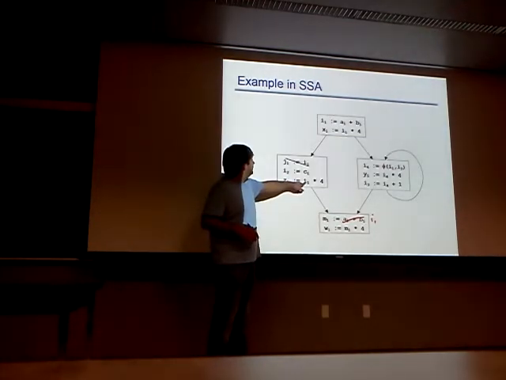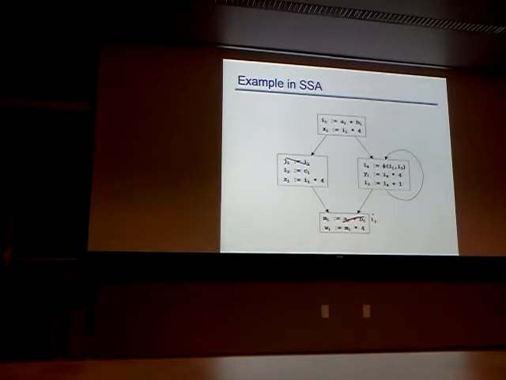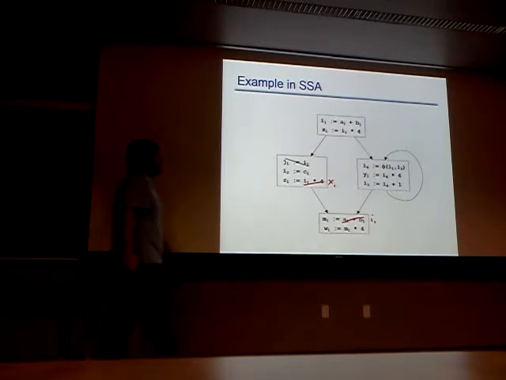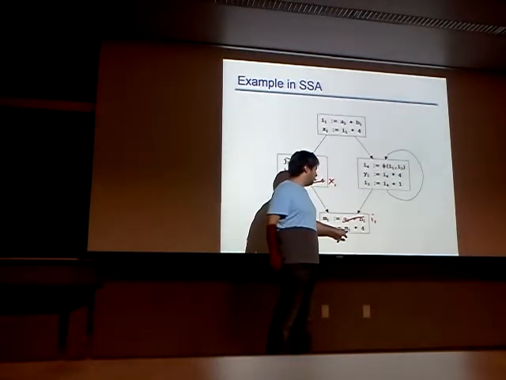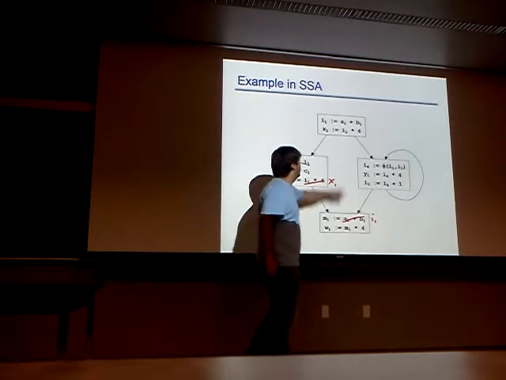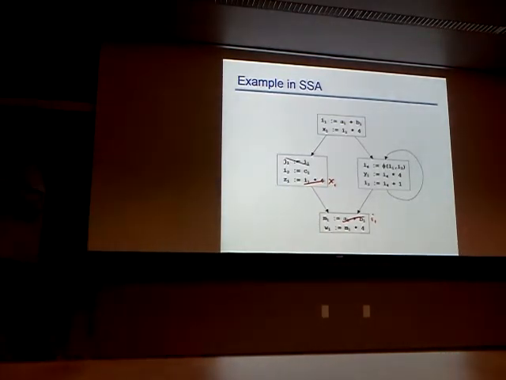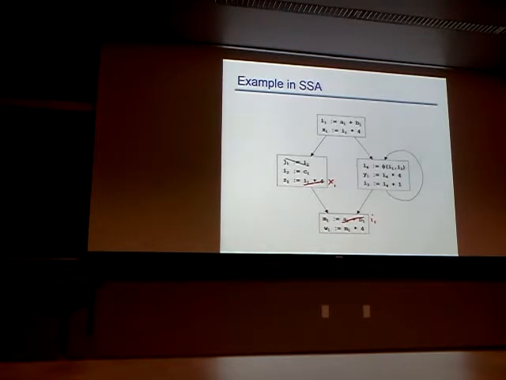Oh wait, hold on. We can just use X1 here. I forgot, that was obviously another one, right? We can use X1 here. But now if we do another round of copy propagation, this will go here and become I1, and now we can do CSE again, and we'll get X1 here, right? So the point is, you can see how copy propagation and common subexpression elimination enable each other.